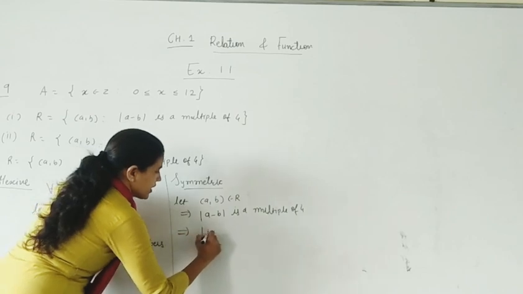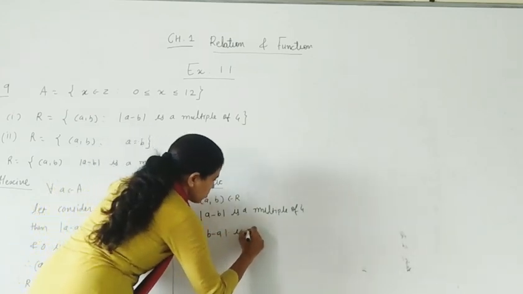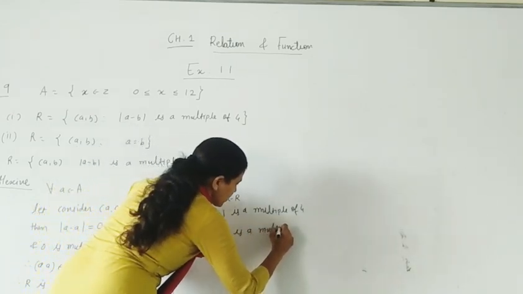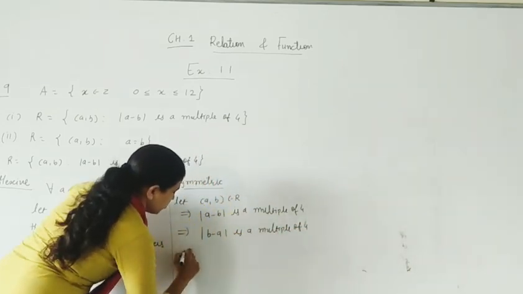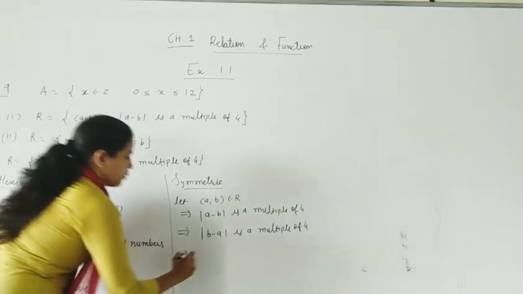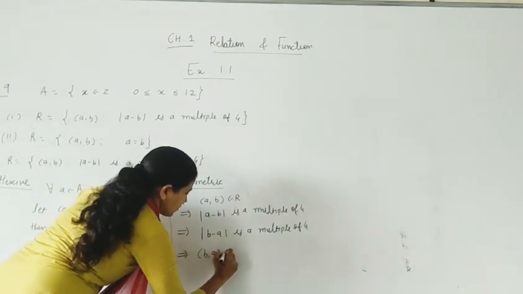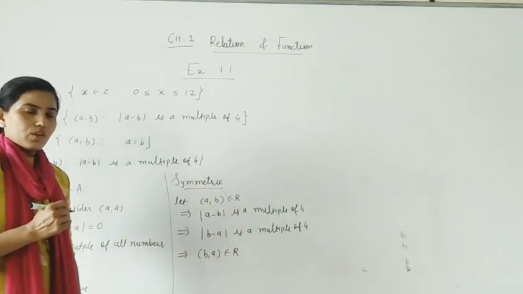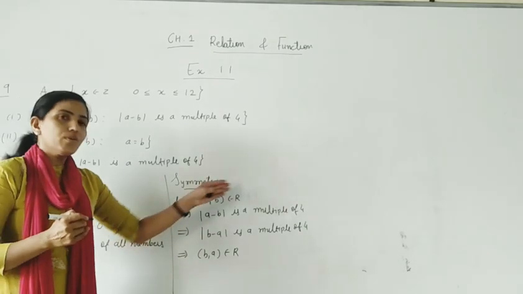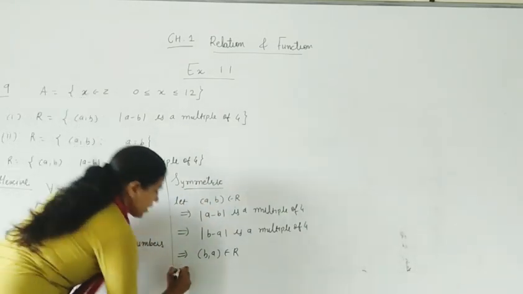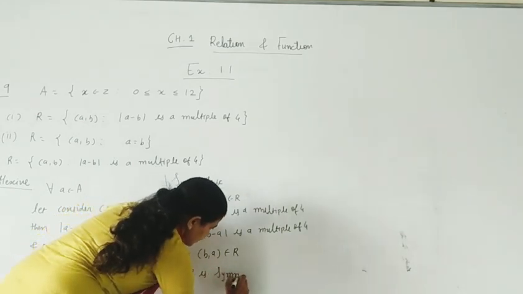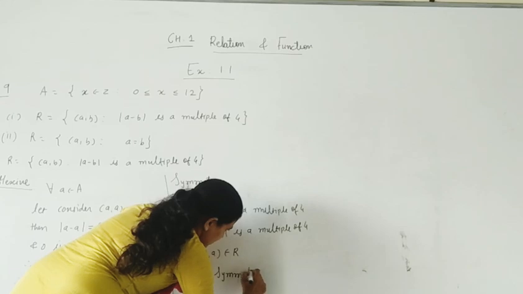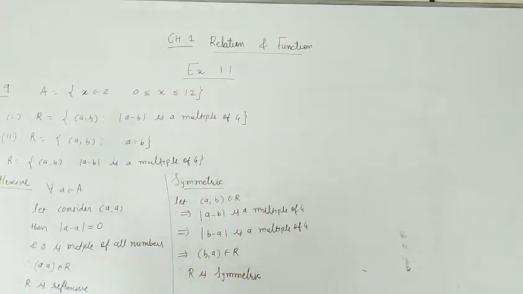So that will give that b minus a is also a multiple of 4. That means (b, a) belongs to R. So we got that if (a, b) belongs to R, then (b, a) belongs to R. Therefore, R is symmetric.